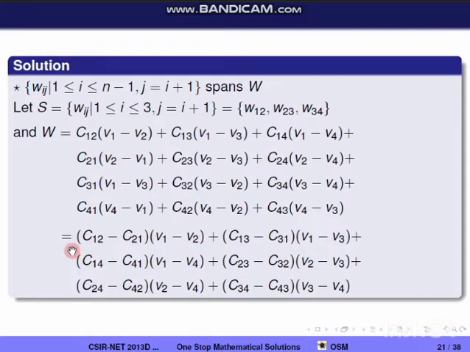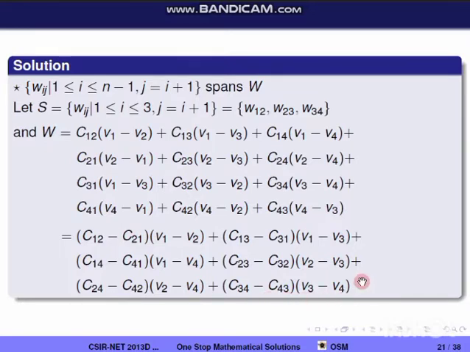So this is equal to C12 minus C21 into V1 minus V2 plus C13 minus C31 into V1 minus V3, C14 minus C41 into V1 minus V4 plus C23 minus C32 into V2 minus V3 plus C24 minus C42 into V2 minus V4 plus C34 minus C43 into V3 minus V4.